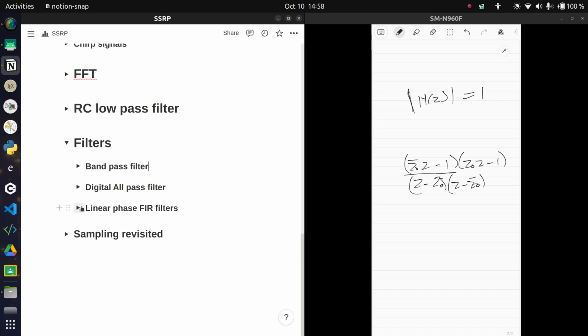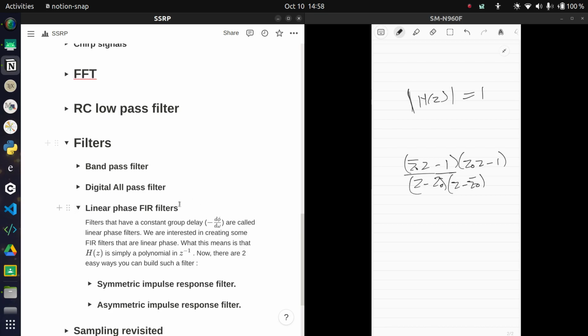Then you've got linear phase FIR filters. A linear phase filter is something which has a constant group delay, and there are two very simple ways to build a linear phase FIR filter. One is you start with a symmetric impulse response.